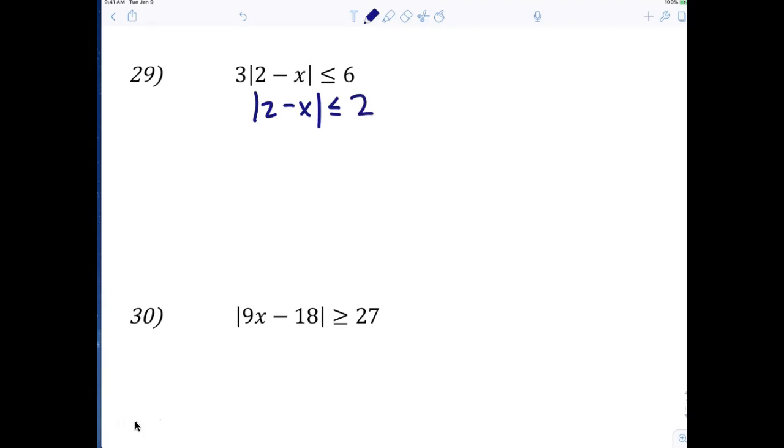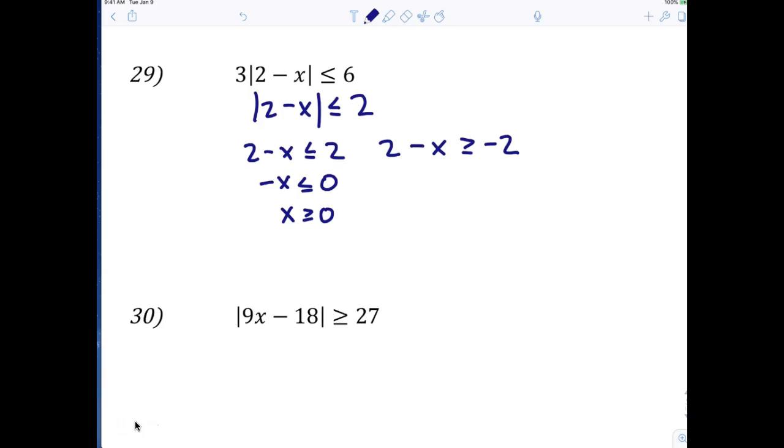Again, we write it: 2 minus x less than or equal to 2, and 2 minus x greater than or equal to negative 2. Subtract 2 from both sides. Negative x is less than or equal to 0, so x is greater than or equal to 0.